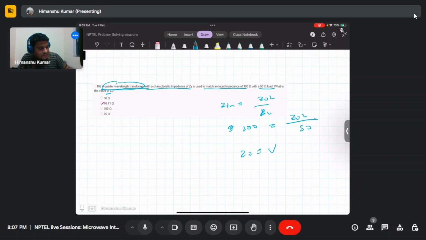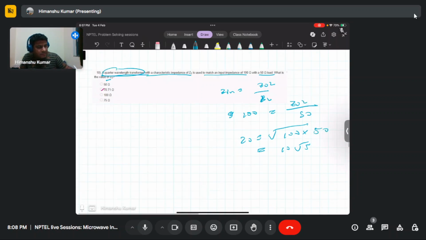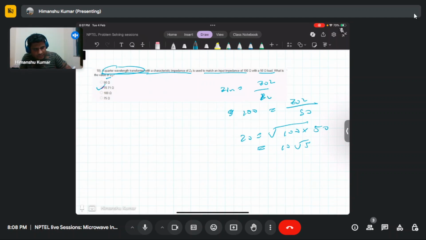So Z naught is the square root of 100 multiplied by 50, which is 10 root 5, so the square root of 5000, which comes to approximately 70 ohm. This is a simple problem.